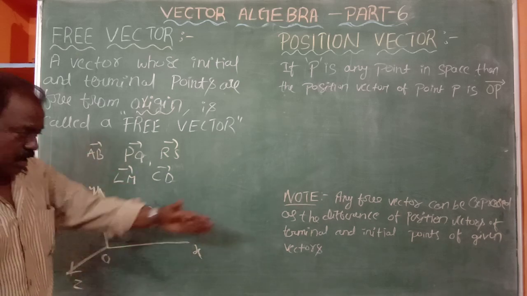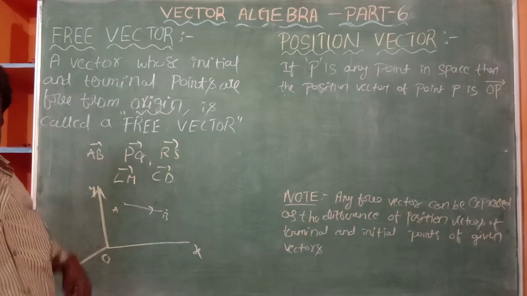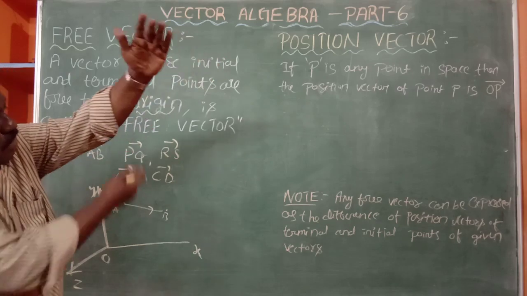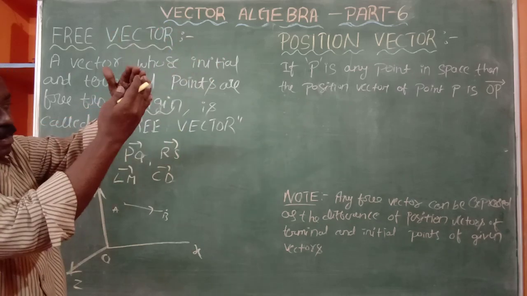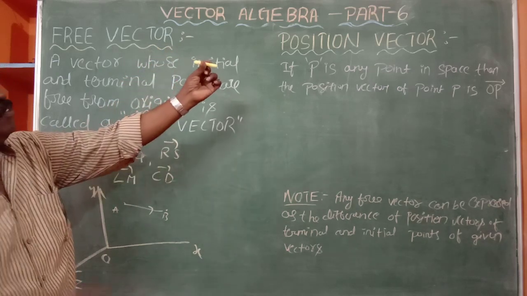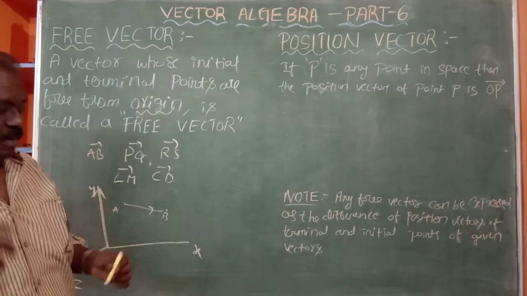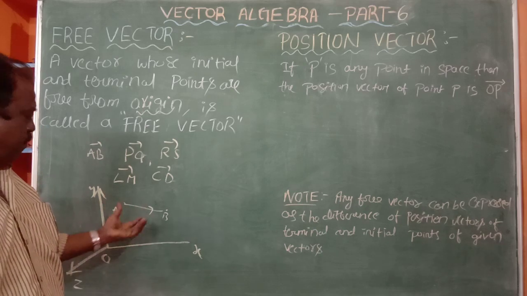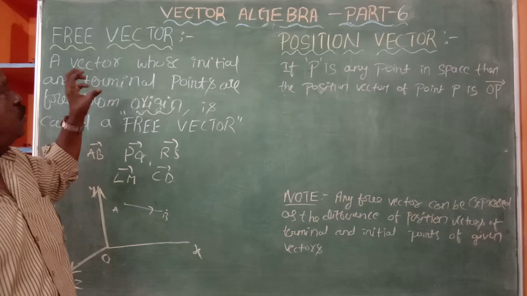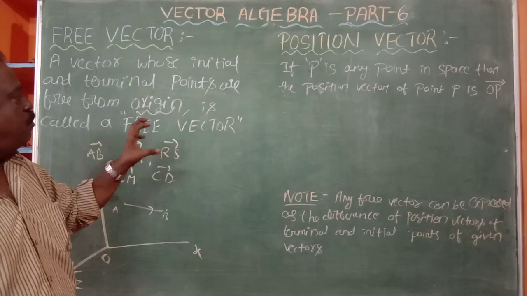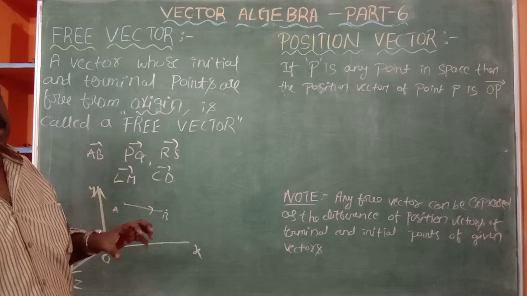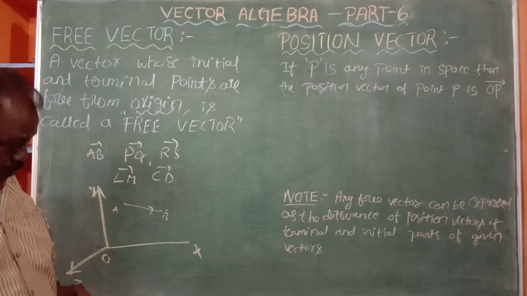My arm is AB bar, this is A and B. And another one, PQ bar. Let the top be LM bar, like that. These are all free from the origin. So a free vector means a vector whose initial point and terminal point are both free from the origin.